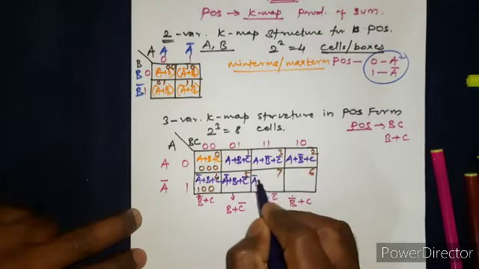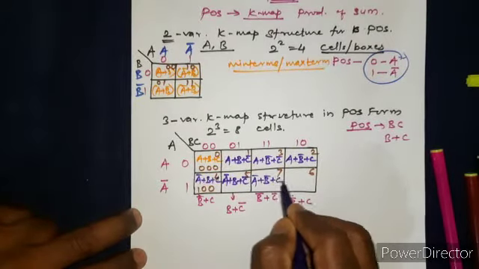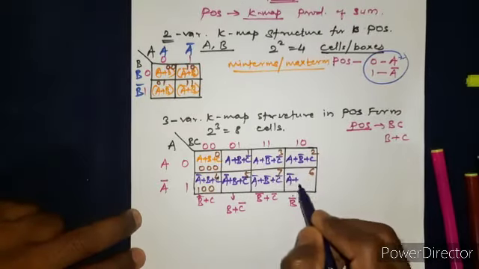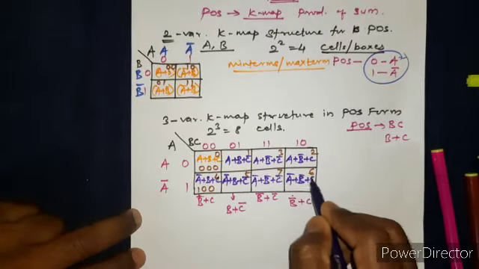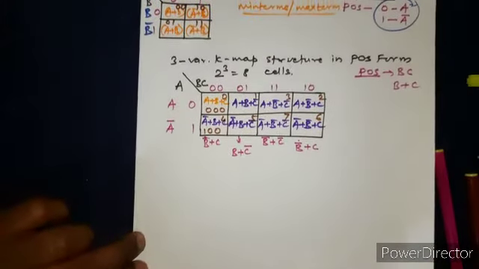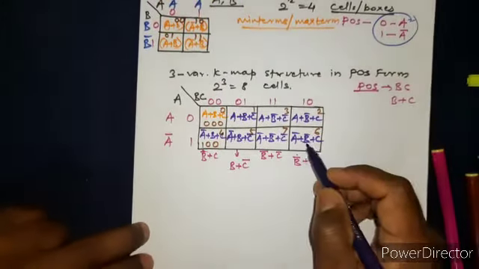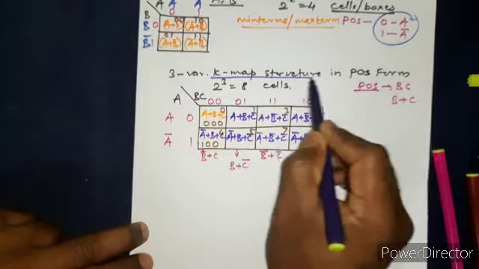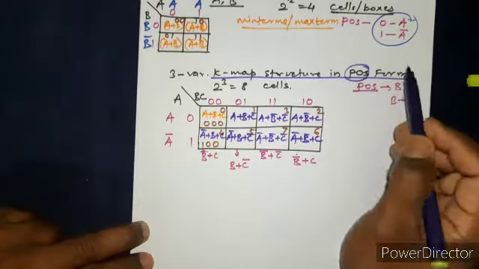This is A bar plus B bar plus C bar, and this becomes A bar plus B bar plus C. So this is how you can represent the structure of the K-map in POS form.